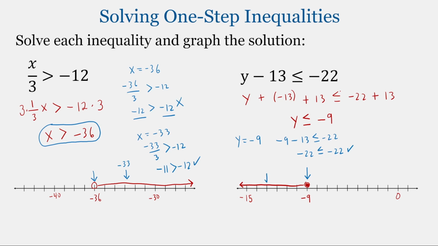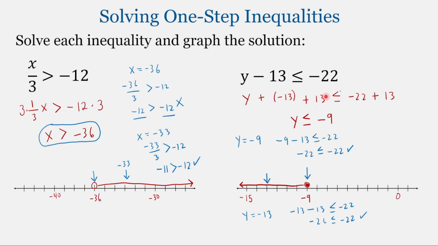And let's try a second point. We'll do y equal to negative 13. So we have negative 13 minus 13 less than or equal to negative 22. This is negative 26 less than or equal to negative 22. That's a true statement.